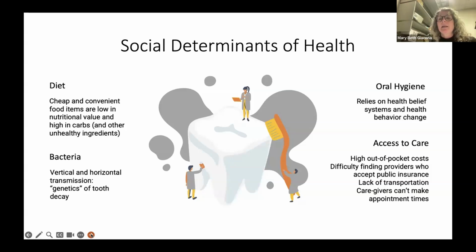And then there's access to care issues. So a lot of people are afraid of going to the dentist, afraid of bringing their kids to the dentist because of high out-of-pocket costs. They might be having a lot of difficulty finding providers who accept public insurance. There was actually recently a study published here in New Jersey that there were a whole bunch of providers listed on Medicaid websites so that parents could look and find pediatric dentists that will accept Medicaid.